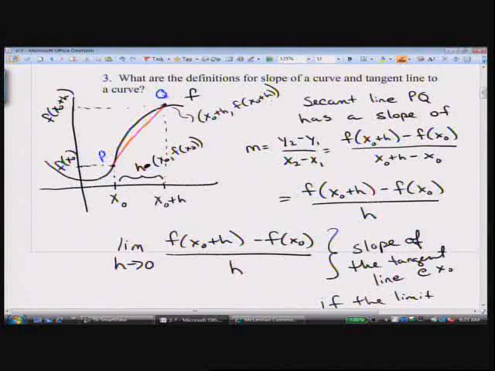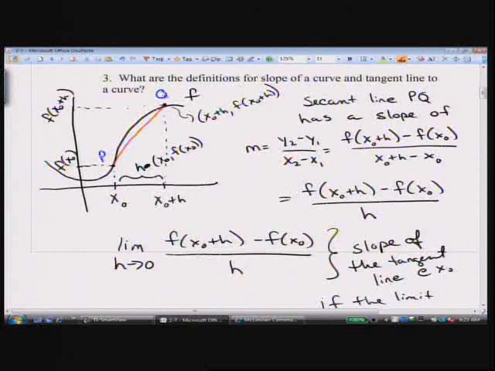So you have 2 points: the point P, which has coordinates x naught, f of x naught, and the point Q, which has coordinates x naught plus h, f of x naught plus h. The whole idea of finding the slope of the tangent line is that we will let h go to 0, and we'll get Q closer and closer to P. We'll take the limit to find the instantaneous rate of change at that instant of x naught.